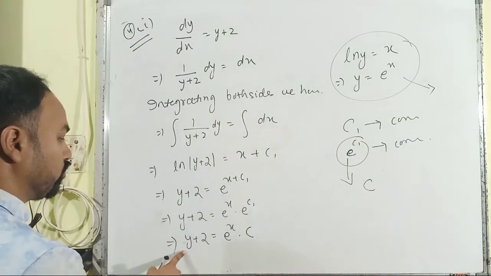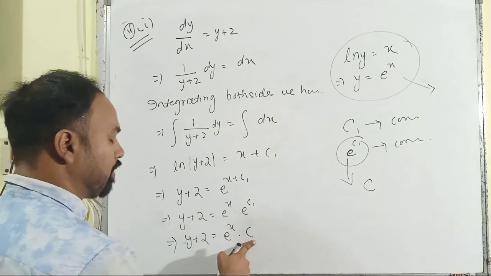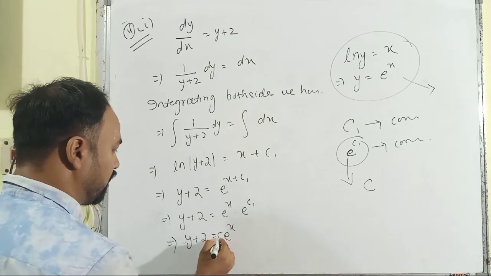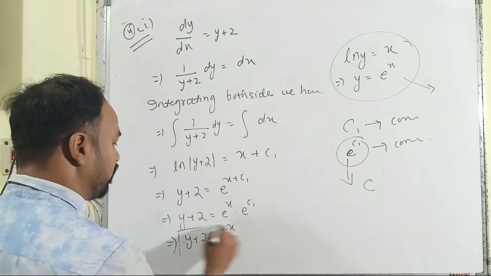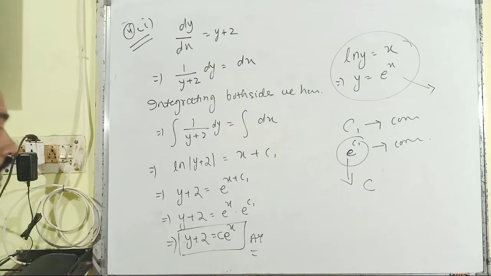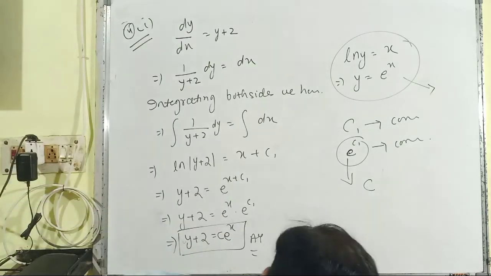So y plus 2 is equal to c multiplied with e to the power x, and this is your final answer of the first bit of number 4. Then let us move towards the second bit.